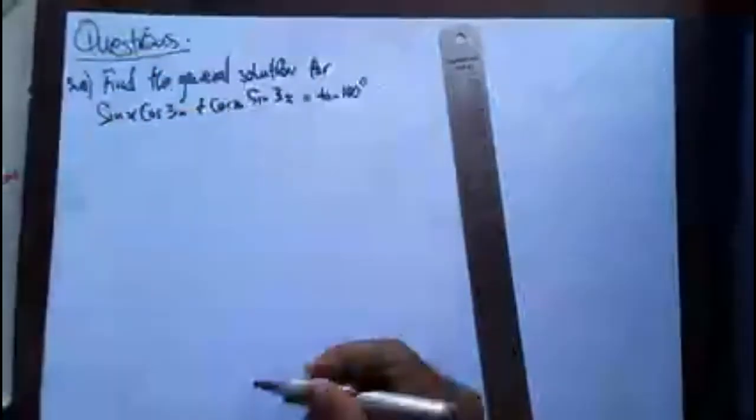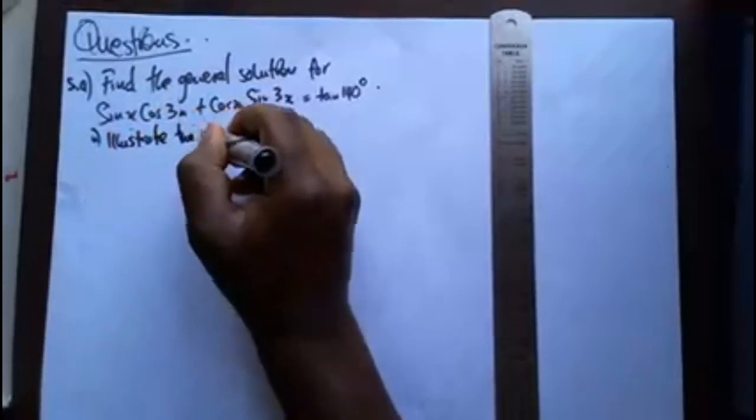So we want to find the general solution, that is number 5a, right? And it says illustrate the solution.